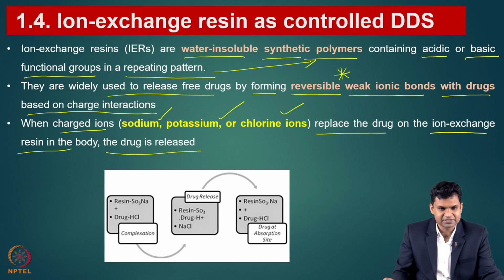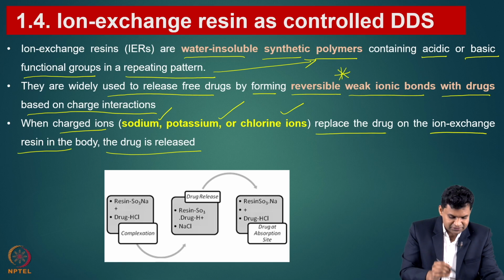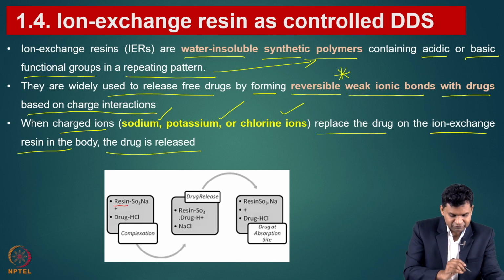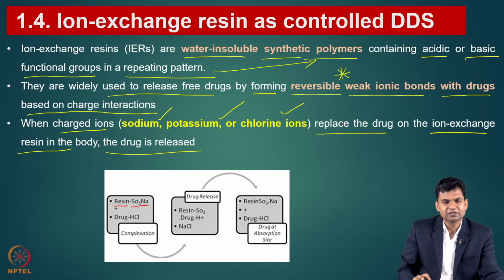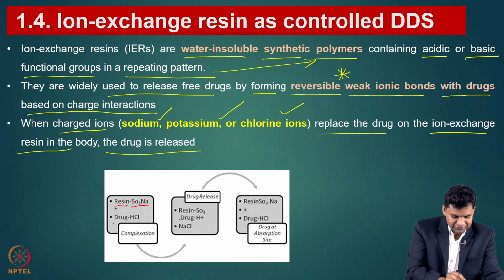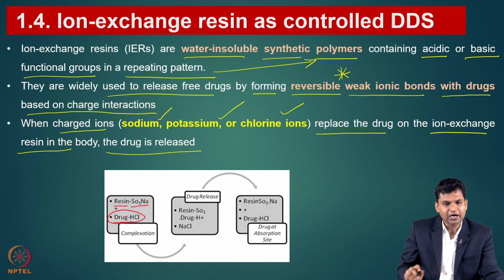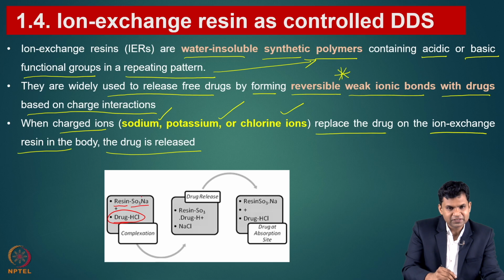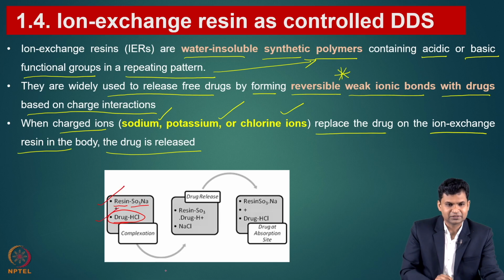Here we can see one type of resin which contains SO3Na, sulfonic acid functionalities. Now, you have a drug which is a hydrochloride, and here we can make a complexation of these two components, that is the resin and your drug.